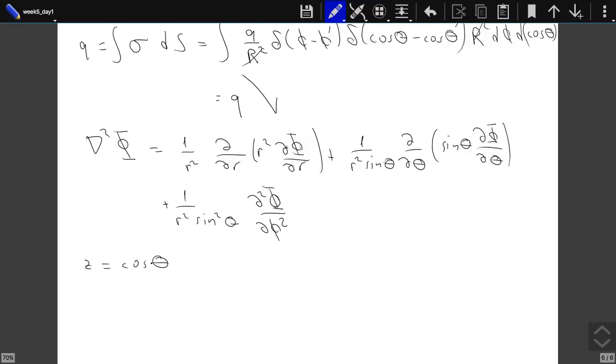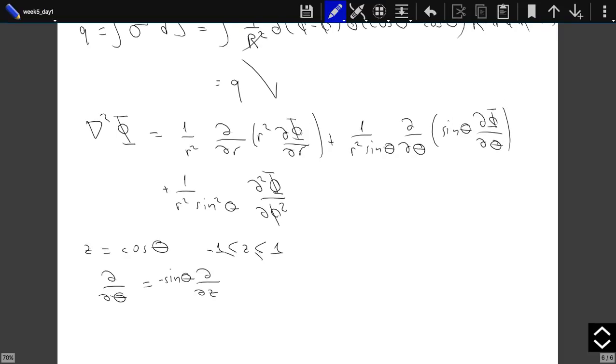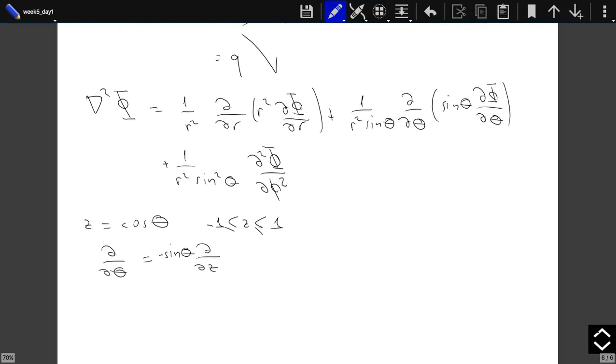But I know that at infinity my potential should be 0. B terms, they all go to 0, so they can stay in my expression, but A terms should not appear. So in region 2, my potential is sum over L, M, B L M, 1 over r to the power L plus 1, Y L M omega. So I have my solution in region 1, and I have my solution in region 2.